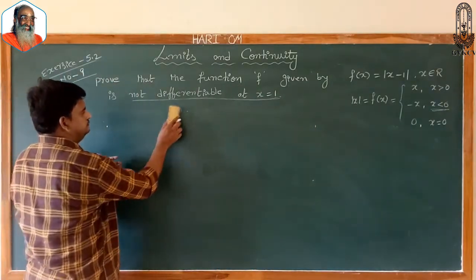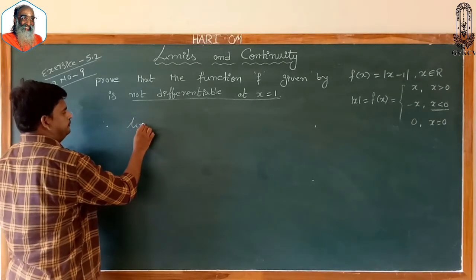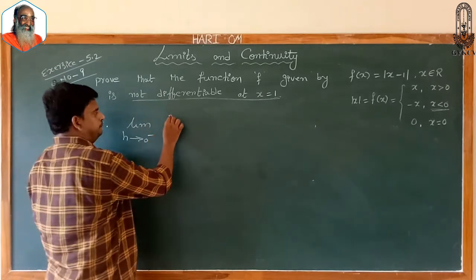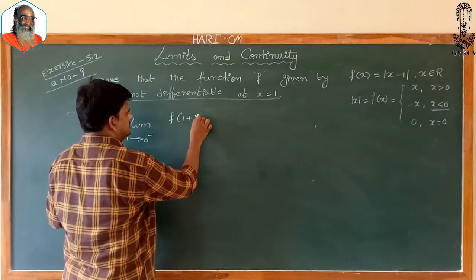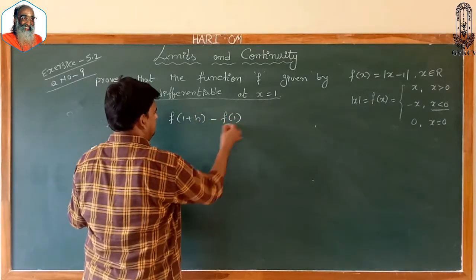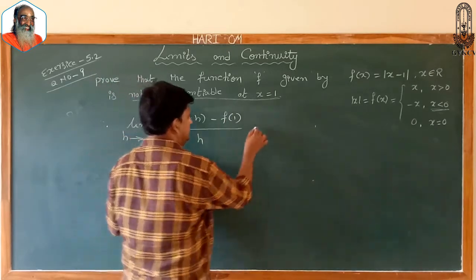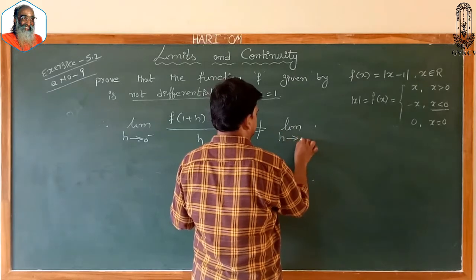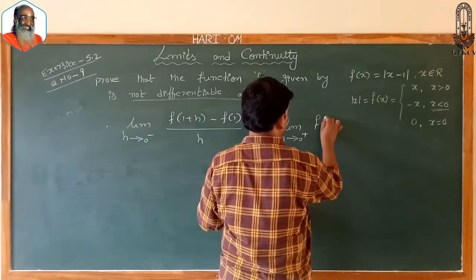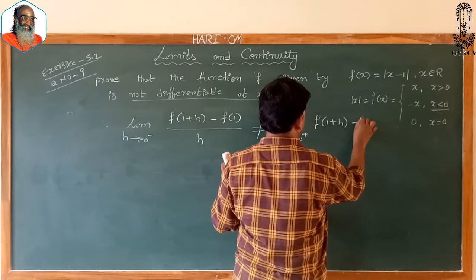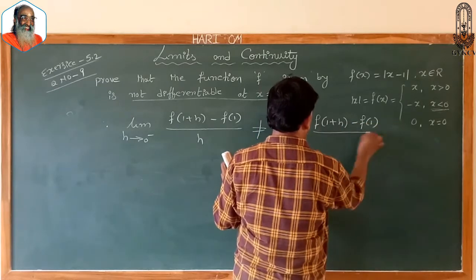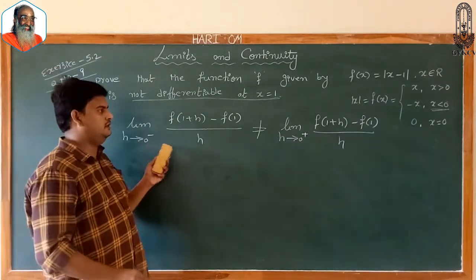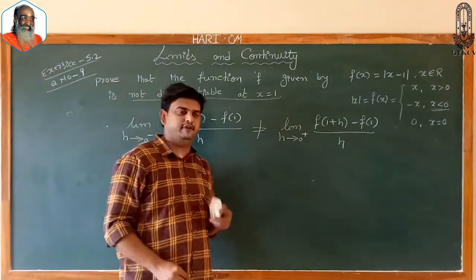Therefore, limit h tends to 0 minus of f of 1 plus h minus f of 1 by h is not equal to limit h tends to 0 plus of f of 1 plus h minus f of 1 by h. So here the left hand limit and right hand limit are different.